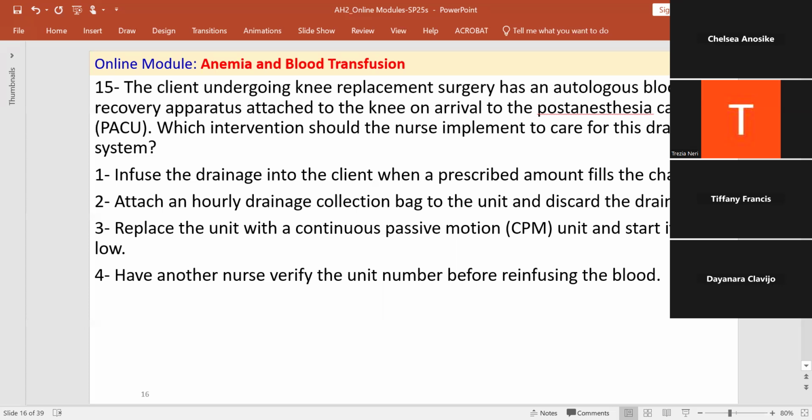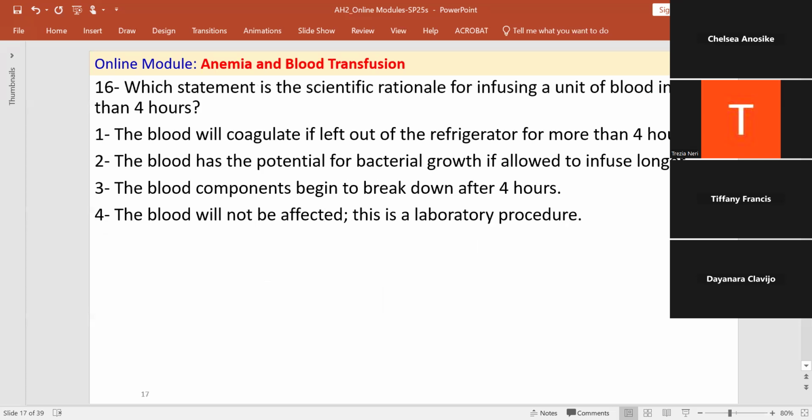But this patient is receiving his or her own blood product. We are reusing the patient's own blood, so there is no need for cross-matching. That's why number 4 is incorrect. So number 1 is correct. This concept might be a little difficult because we did not cover it in class, but I recommend that you study more from the book about autologous blood transfusion.